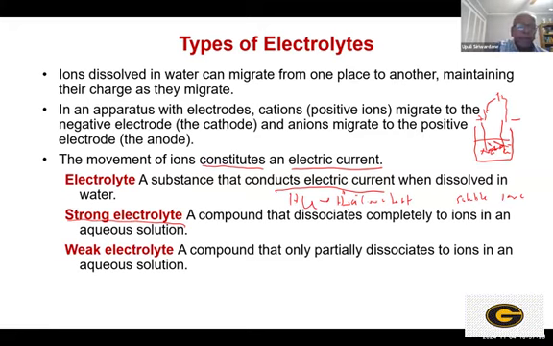A weak electrolyte is mainly insoluble compounds. They have fewer ions in the solution. Or a covalent compound that breaks up partially, like acetic acid.